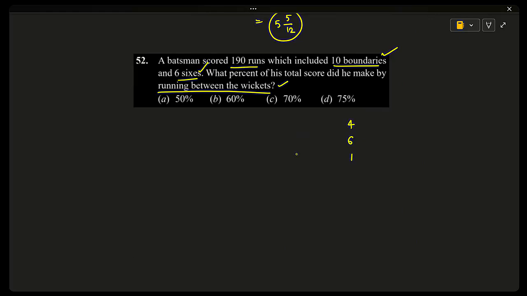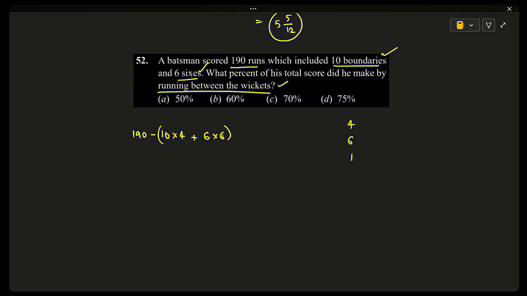They said, what percentage of total score did he make by running between the wickets, that we have to find. So first let us find the number of runs. 10 boundaries, each boundary will give 4 runs. 6 sixes, each 6 will give 6 runs. So this should be subtracted from 190 to get the runs from running between the wickets.